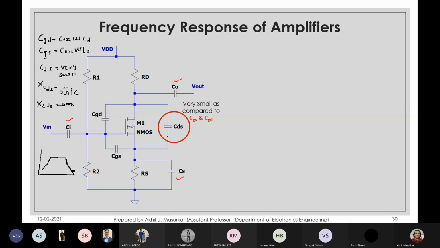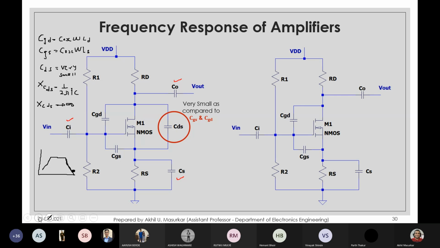That is why for all practical purposes we use the second circuit. CGD is very small compared to CGS, and CDS is very small compared to CGS and CGD, so we can take CDS as tending to infinity. The only difference between these two circuits is that one has CDS and the other does not.